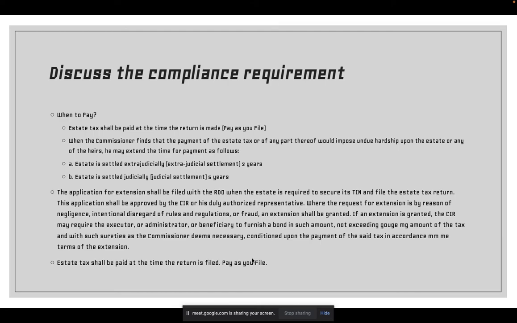So, pwede pero mayroong bond. Meron siyang bond na pambayad kung ang extension is due to negligence or intentional disregard of the rules and regulations. Estate tax shall be paid at the time when the return is filed. Again, pay as you file.